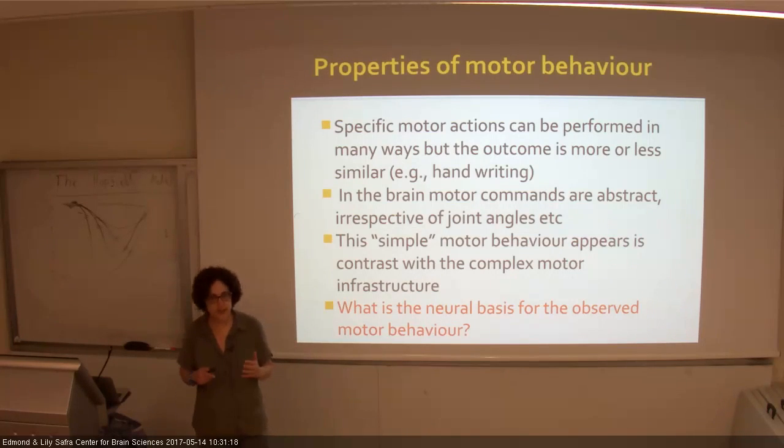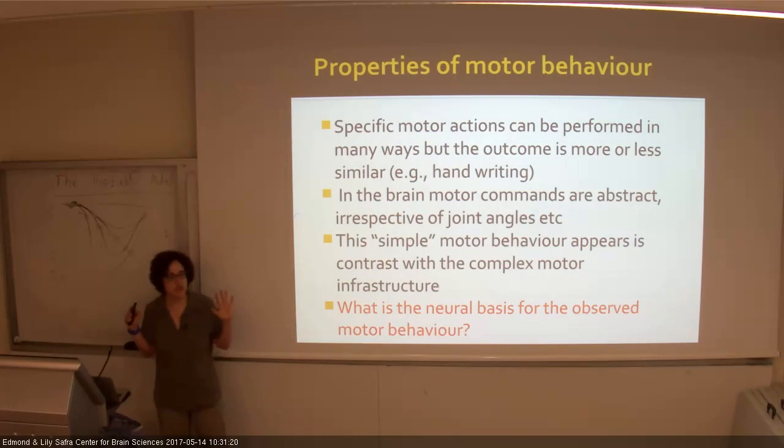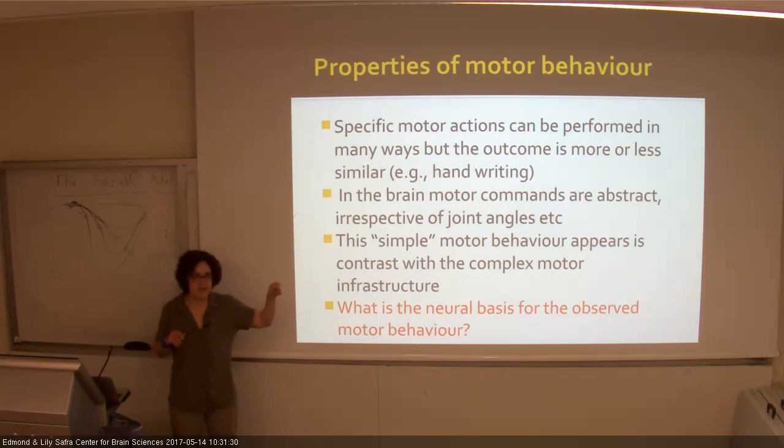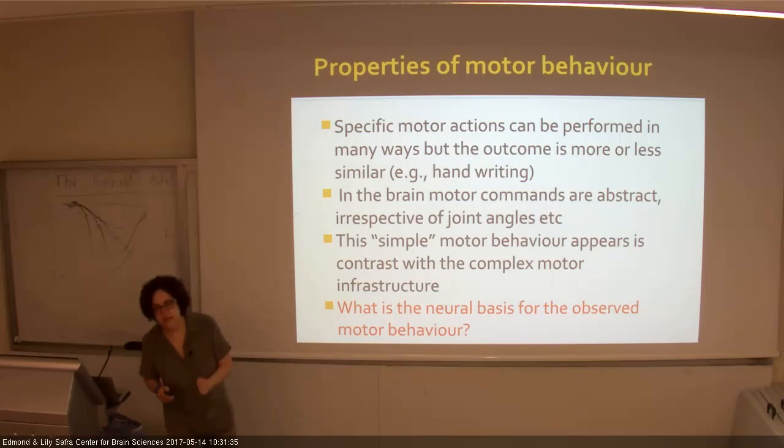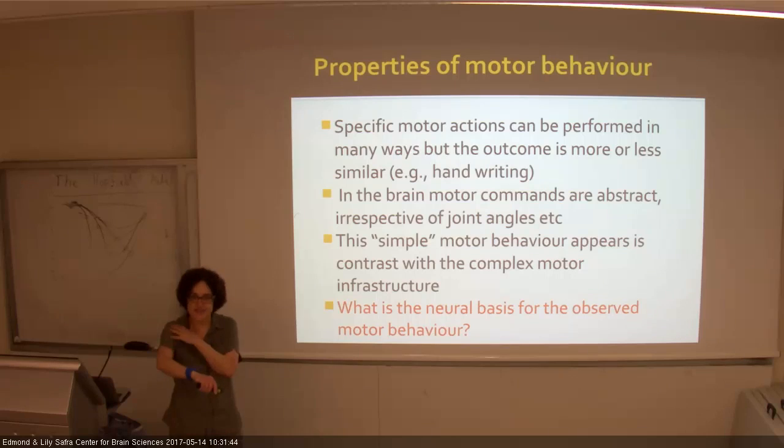So we have these two representations probably existing at different hierarchies in the motor system, and the question is how and where this abstract goal is translated into a very specific muscle-based motor command. Because eventually you have a set of muscles, and the system needs to give the exact spatiotemporal command to each of these muscles.